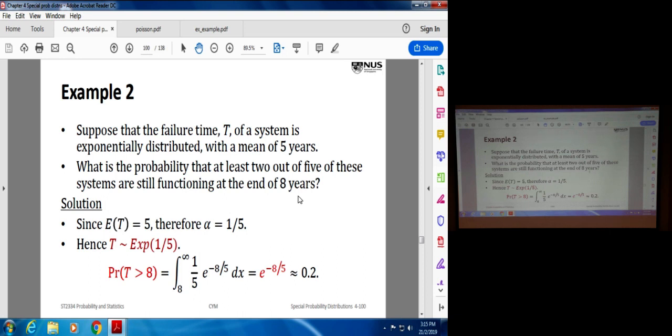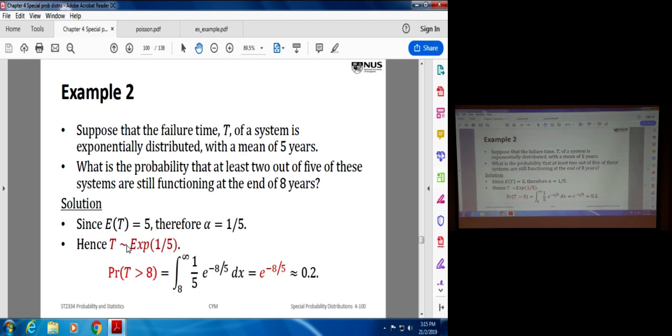So first of all, let's think about this question. The expectation of T is 5, so our parameter is 1 upon 5. Remember, the expected value of the exponential is 1 over alpha. Alpha happens to be equal to 1 over the mean, which is 1 over 5. So the failure time is exponentially distributed with parameter 1 over 5.